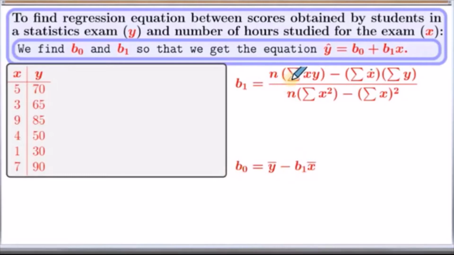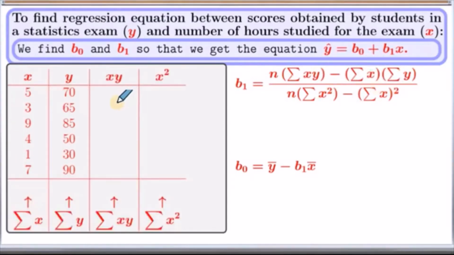So if we look at this formula here, we will need sum of xy, sum of x, sum of y, sum of x squared, and sum of y squared. So now let's fill this table here. So x times y, which is 5 times 70 is 350, and x squared is 5 squared, which is 25.